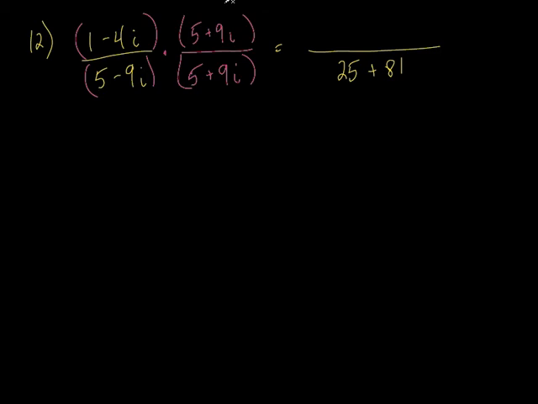Now, the top one, I'm going to have to go through that whole full-blown FOIL method. Or distributive property, some books like to say. So here we go. 1 times 5, that's the first. The outside is 1 times 9i, which is plus 9i. The inside is minus 20i. And then the last. It's negative times positive, which is a negative, and then i times i, which is i squared, which is negative 1.